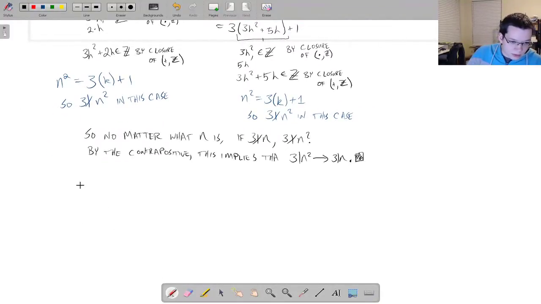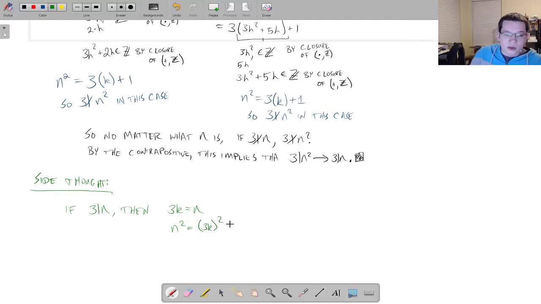So, to clarify, side thought. If 3 divides n, then n equals 3k, and n squared equals 3k squared, which is equal to 9k squared.